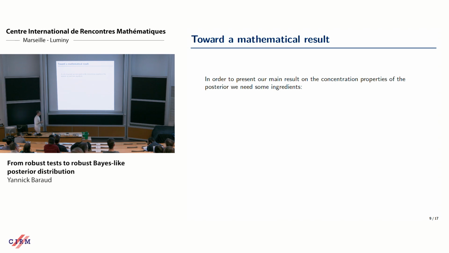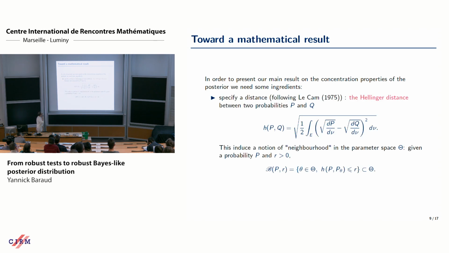I will introduce a distance. The distance I'm going to use is the Hellinger distance, which basically says that the Hellinger distance between two probabilities is, up to some constant, the L2 distance between the square root of those probabilities. This is completely independent of the reference measure you use to dominate P and Q. So it's a real distance between probabilities.